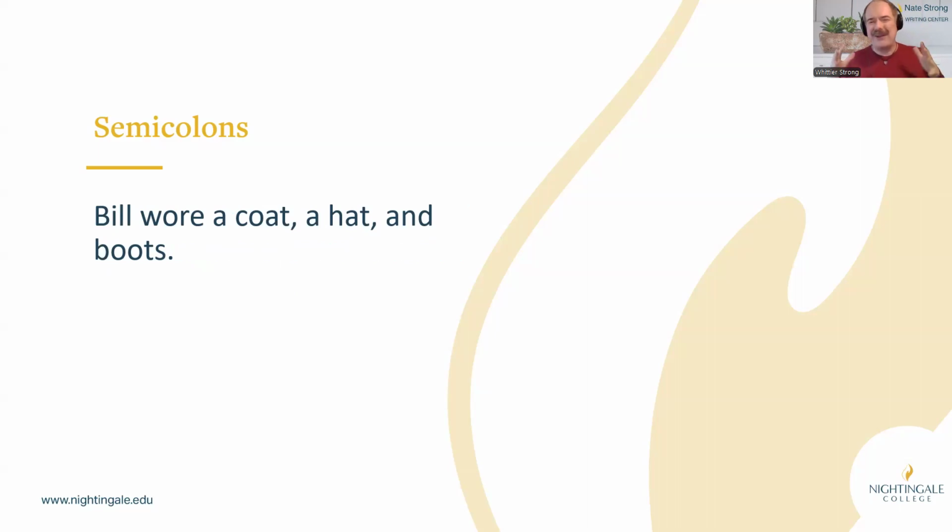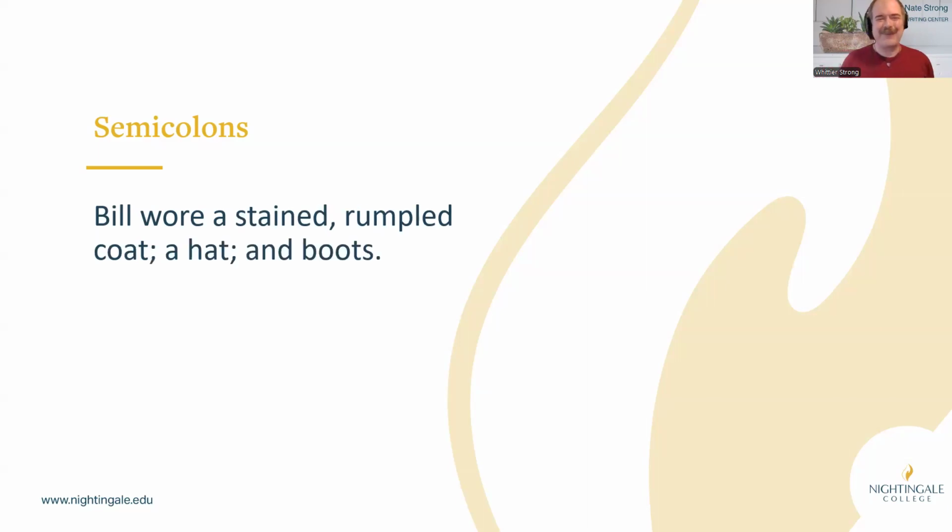All right, we have a list of 3 items, a coat, a hat, and boots. We have a comma after coat and a comma after hat. This is following the rules for commas in lists according to APA. So a coat does not have a comma unto itself, nor does a hat, nor does boots.